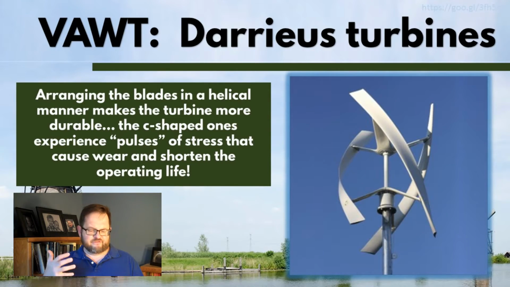This creates a lot of engineering challenges. There's a pulse to the stress exerted on each of those C-shaped blades as they go around the vertical axis. There are a lot of ways to get around that.